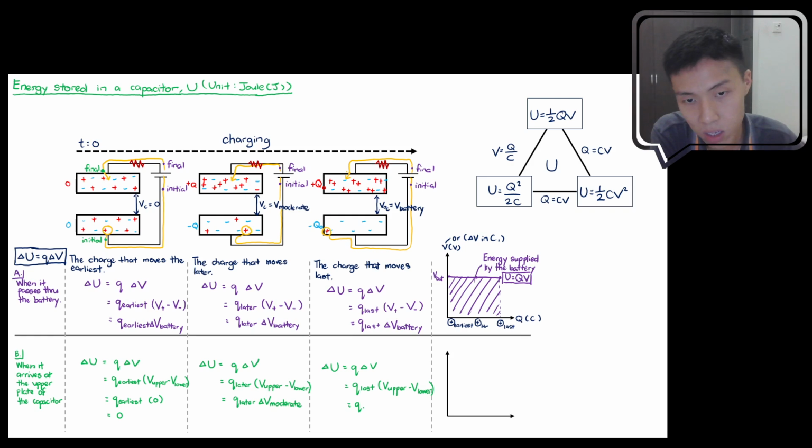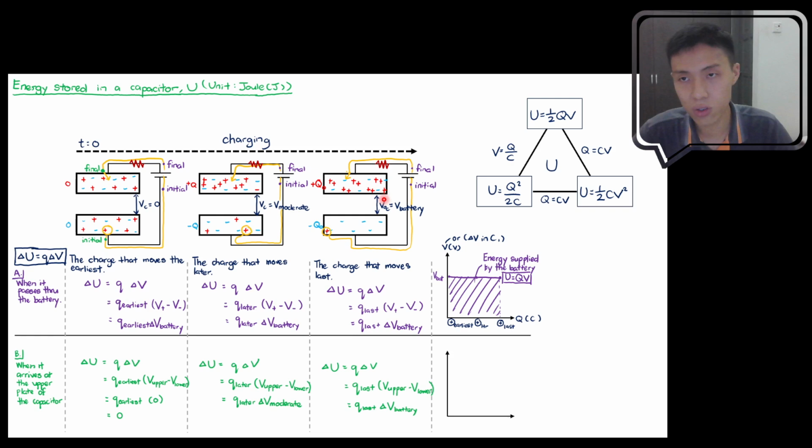So the last charge will experience the same amount of change as it passes through the battery. How much energy you gain when you pass through the battery is how much will be passed to the capacitor, because it's the same. So no energy is being given to the resistor at all. That's what happens for the last charge.